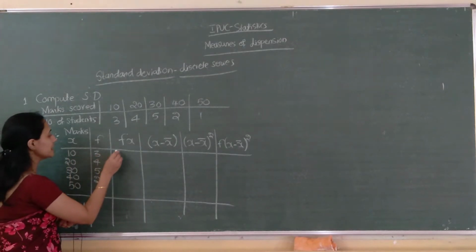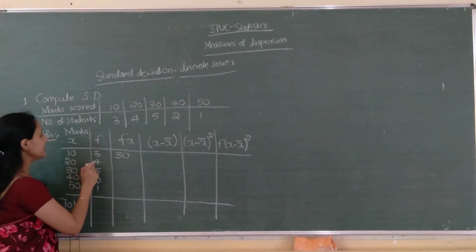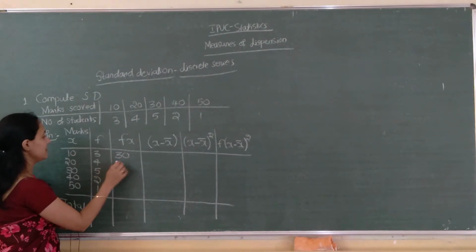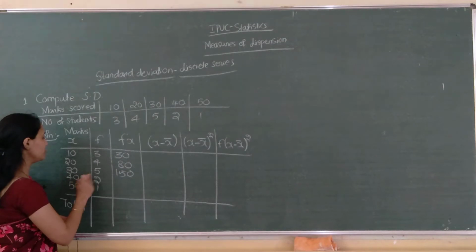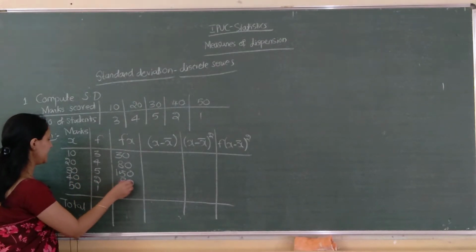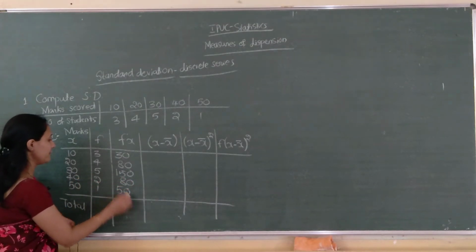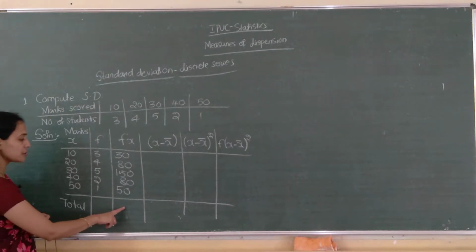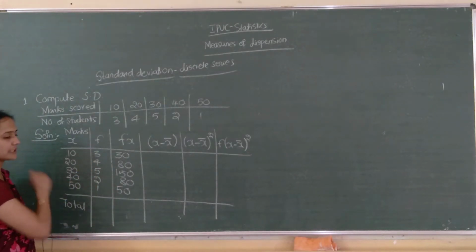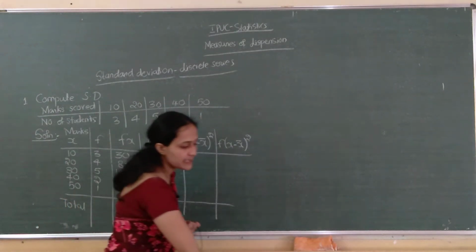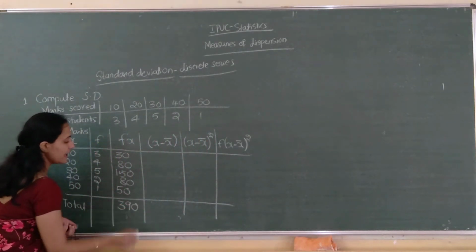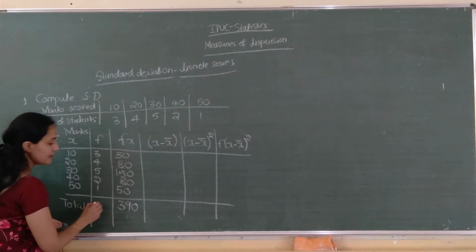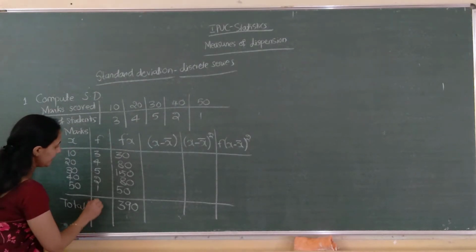So 10 into 3 is 30, 20 into 4 is 80, 30 into 5 is 150, 40 into 2 is 80, 50 into 1 is 50. Total of f into x and total of f are required. Sigma fx is 390 and sigma f is 15.